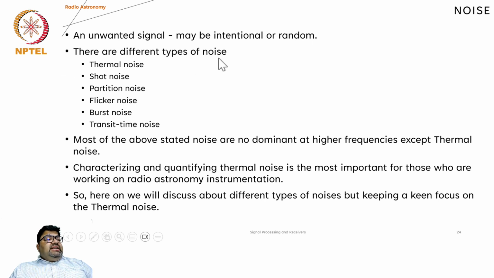There are different types of noise: thermal noise, shot noise, partition noise, flicker noise, burst noise, transit time noise, etc. Most of the above stated noises are not dominant at higher frequencies except thermal noise. Characterizing and quantifying thermal noise is the most important for those who are working in radio astronomy instrumentation. So from here on we will discuss different types of noise, but keeping a focus on thermal noise itself.